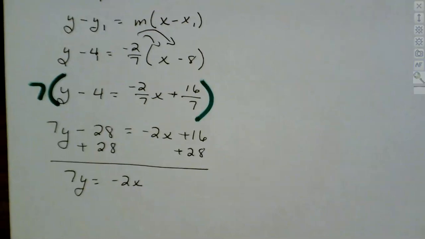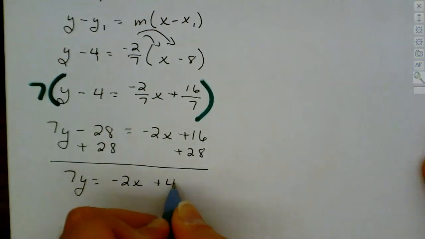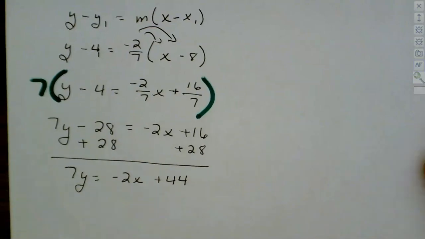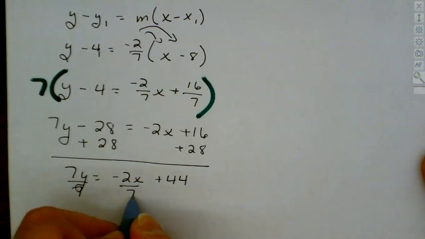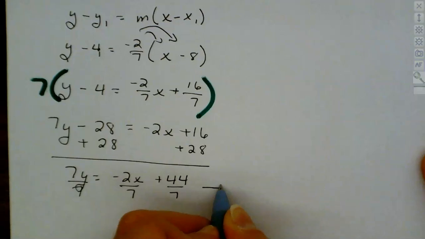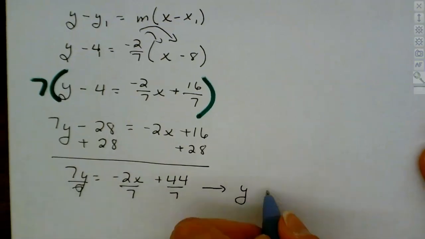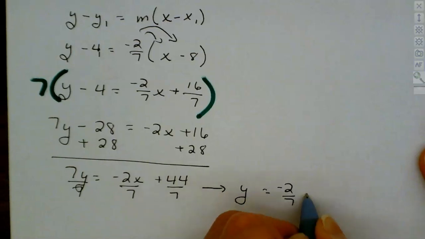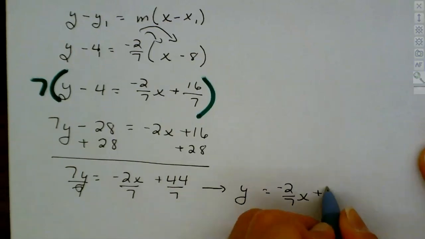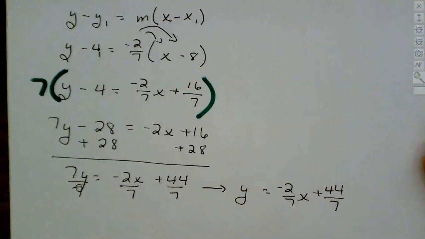And 16 plus 28, that's a 44. Divide by our 7, and we are now done. So what does that leave me with? Well, that leaves me with now y equals minus 2/7 x plus 44 over 7.